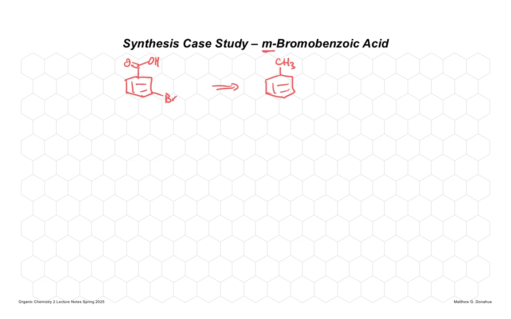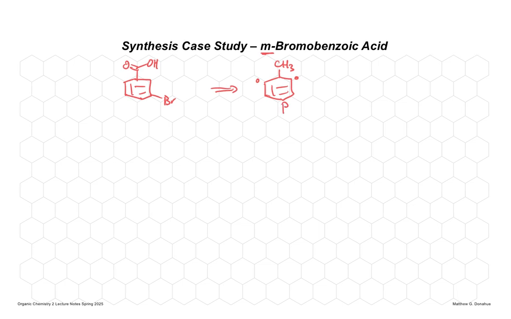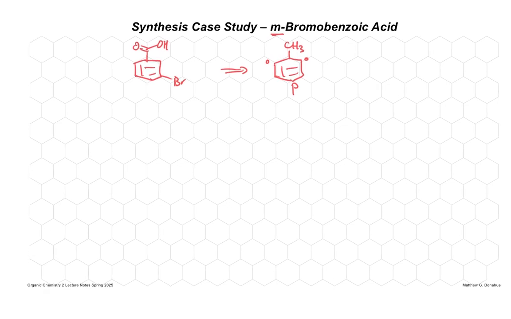The difference now being we know that the methyl group is an ortho-para director. So we're going to have to do something a little different in this case. We know we can oxidize that benzylic carbon and change its oxidation state from 0 up to 3 to make the benzoic acid. So that's what we'll start with.